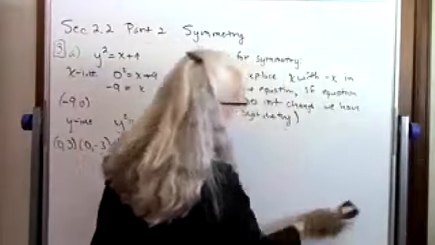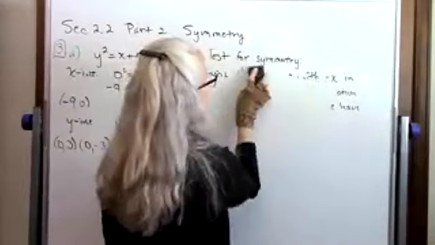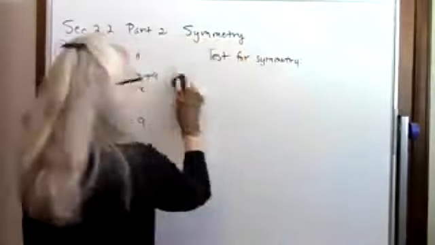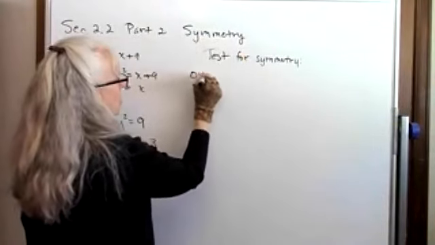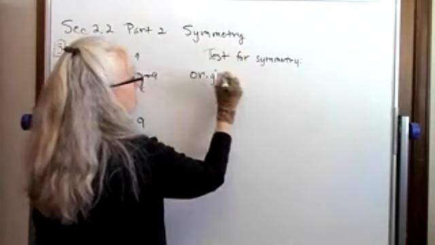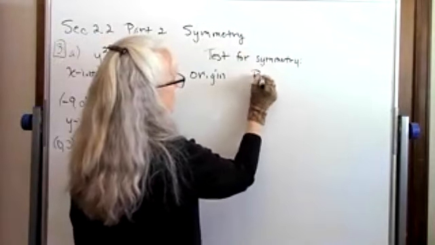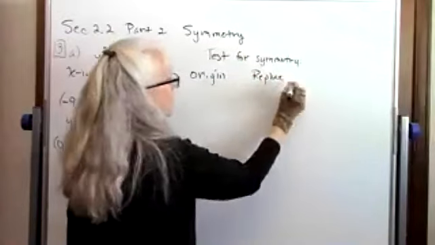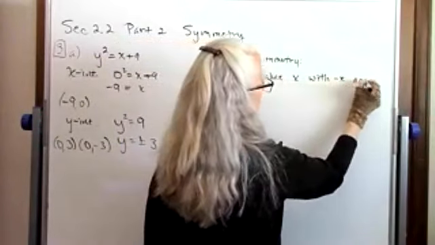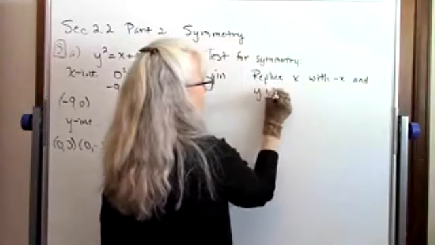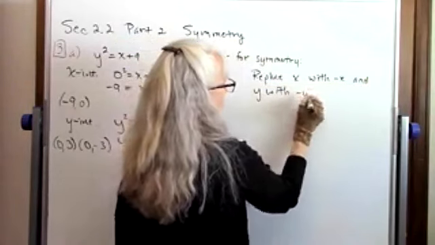So now we're going to come in and test for symmetry with the origin. So to test for symmetry to the origin, what you're going to do this time is we're going to replace x with negative x, and y with negative y.